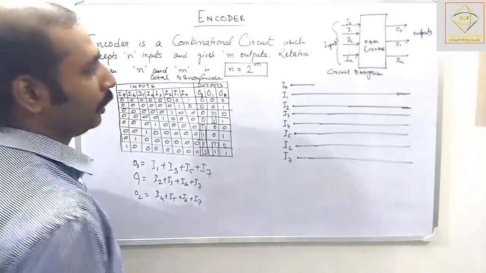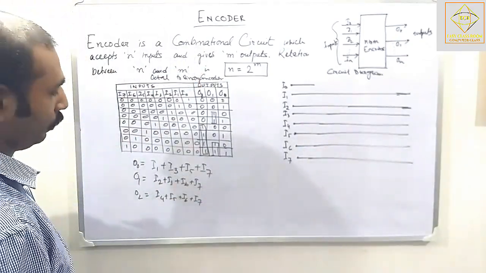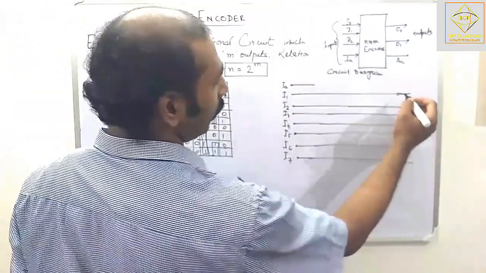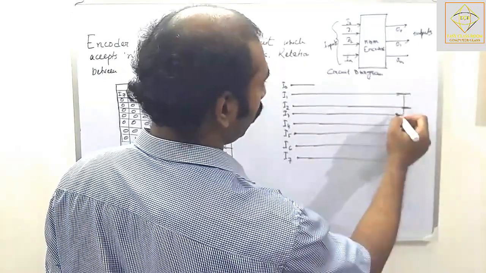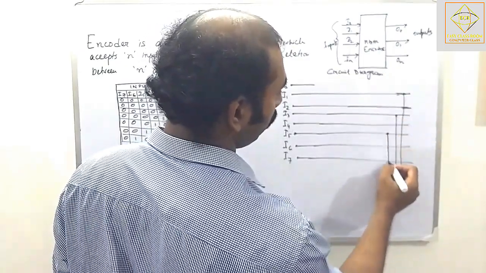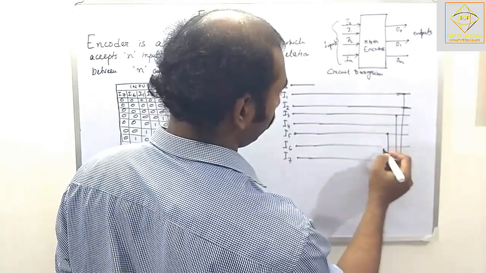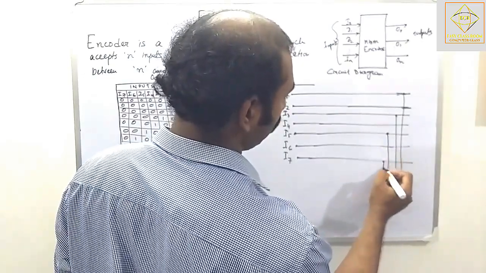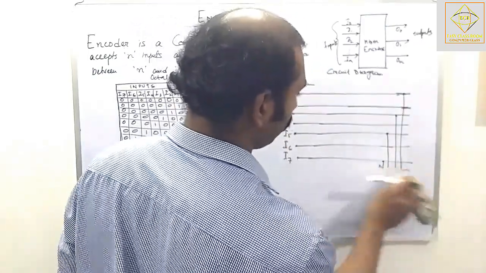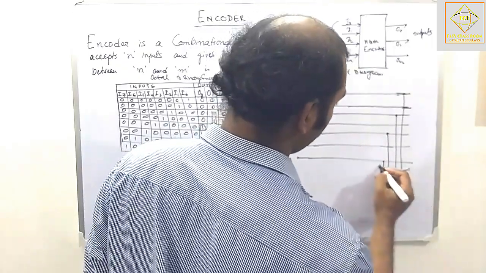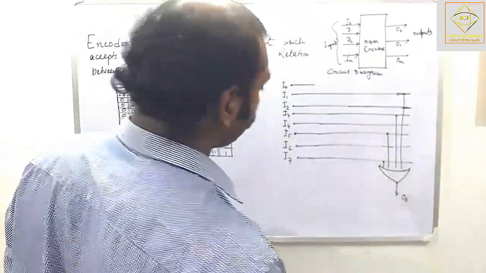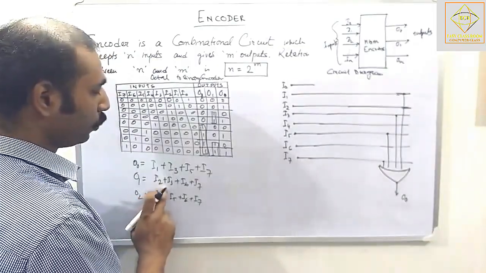Okay, so now how will the circuit look? For O0, we have I1, then I3, then I5, then I7. Now this O1 will have I2, I3, I6, I7.